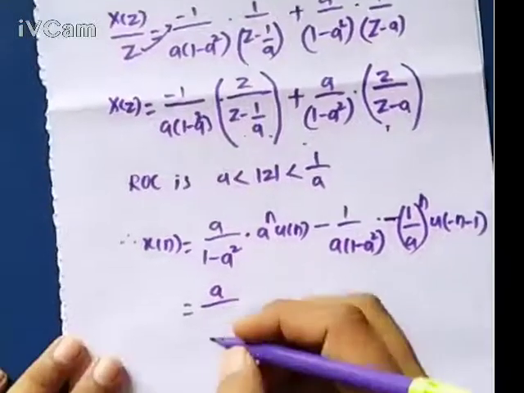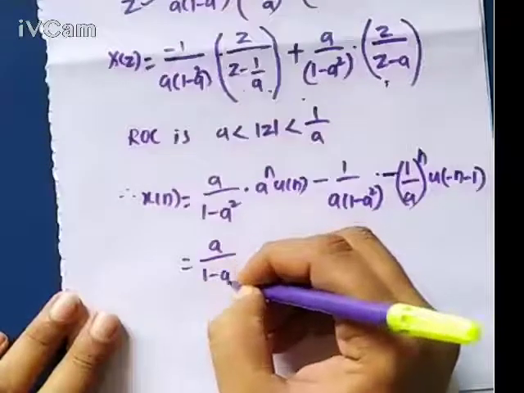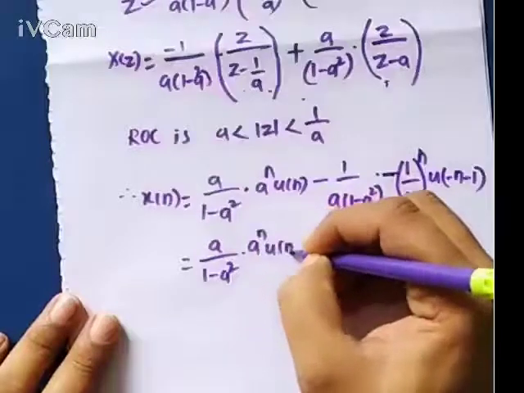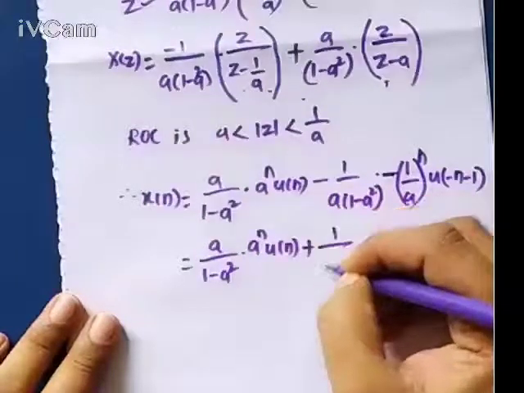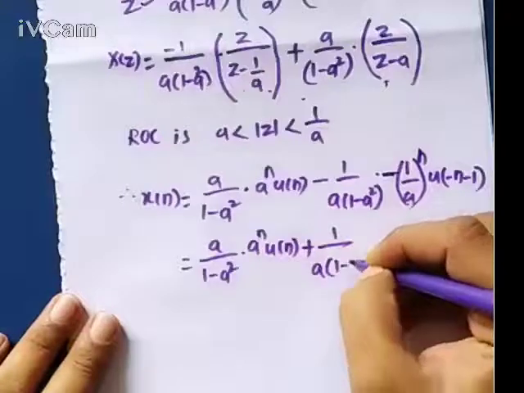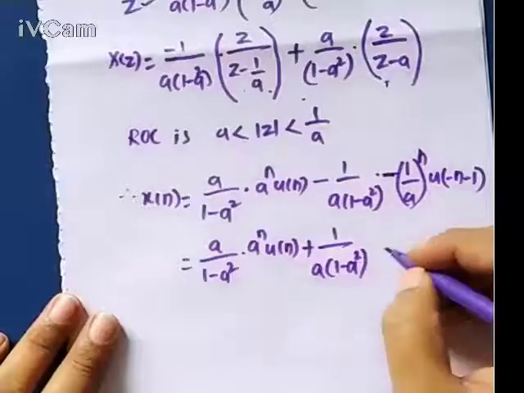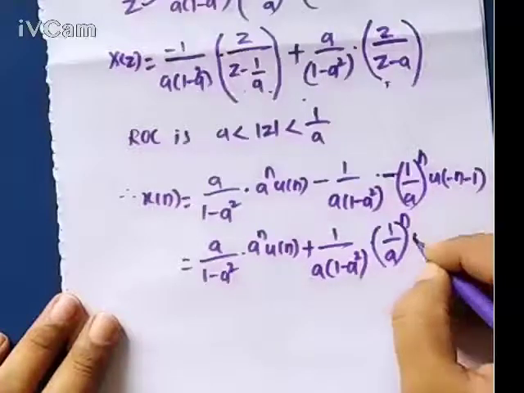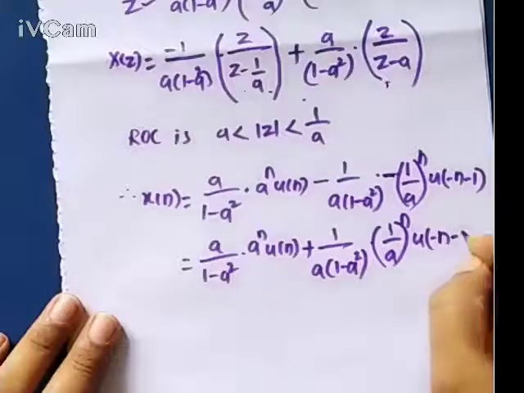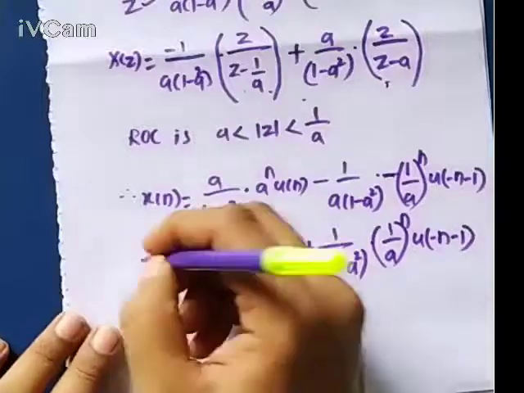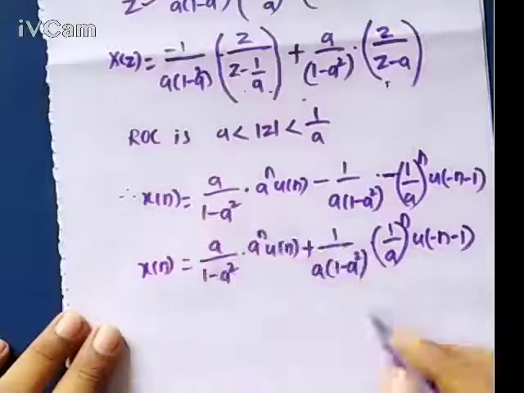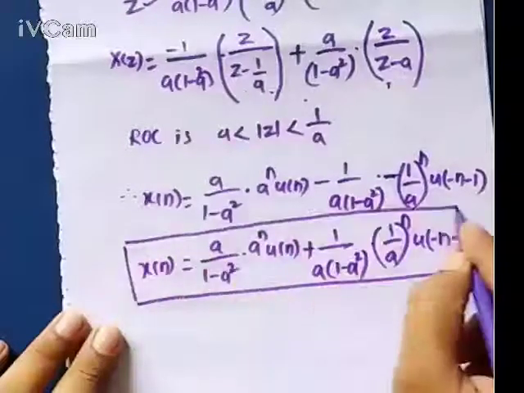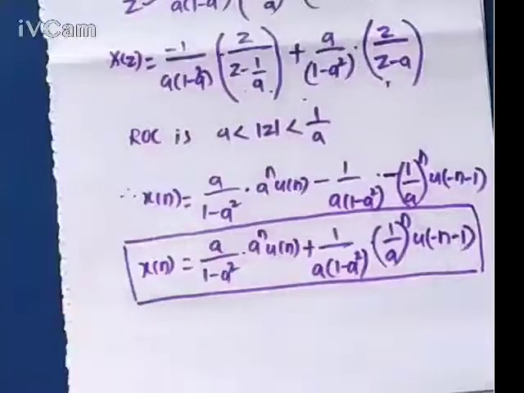So a upon 1 minus a square a power n u of n plus 1 by a into 1 minus a square, 1 by a power n u of minus n minus 1. So this is the x of n for the given x of z using the partial fraction method.